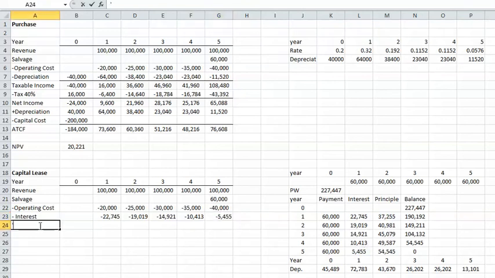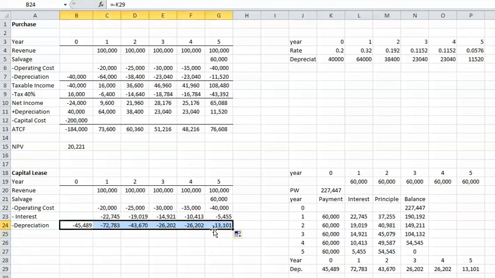And then I will enter the depreciation, with a negative sign, starting from year 0. I refer to this year.